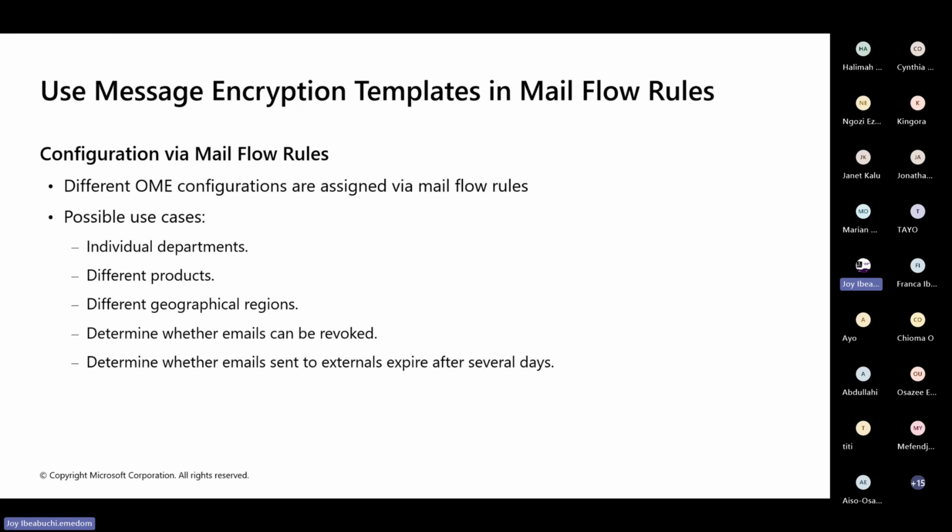I've had a case where whenever the CEO sent a message, that message must be encrypted. I've been in organizations where we had to create that kind of policy. So we created a policy that as long as it is coming from the CEO's mailbox, we classified it as sensitive information. It did not matter who it was sending it to, but as long as it was coming from the CEO, it was encrypted.